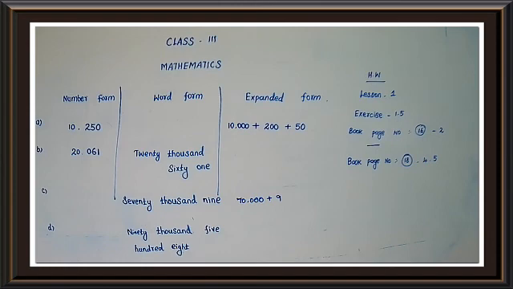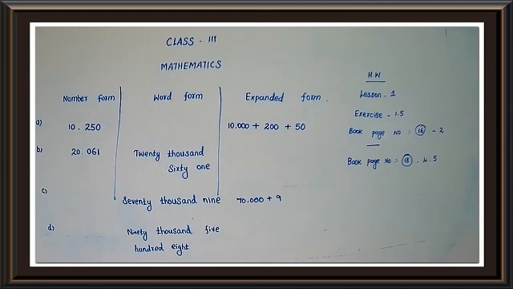Where is it? Find the answer. The third option. Yes or no, Mama? Yes. Very good. The predecessor of 24,351 is 24,350, the third option. That is correct.